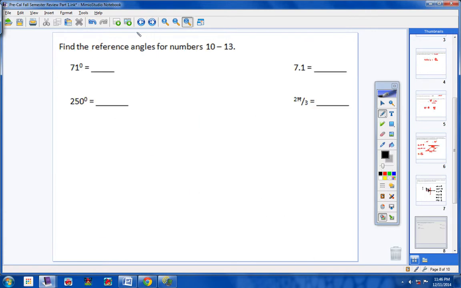Alright, moving on. Finding reference angles. Now, let's first of all deal with our degrees, okay? Here's a coordinate plane. I have an angle that is 71 degrees. Well, the reference angle always starts here and goes to the terminal side. I said that wrong, and I apologize.